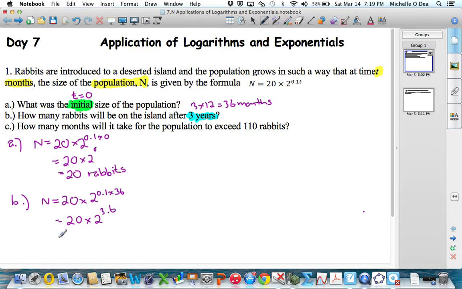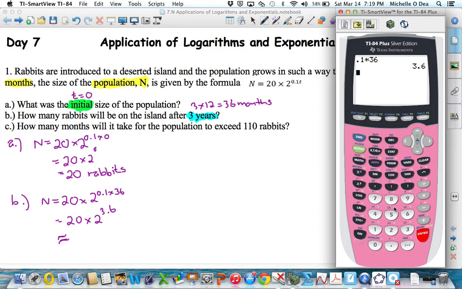Now, of course, you're not expected to work that out in your heads. And so we are going to use our calculators then. We can put it straight into our calculator. And so I can do 2 to the power of, I'm going to go answer. 2 to the power of answer times 20.